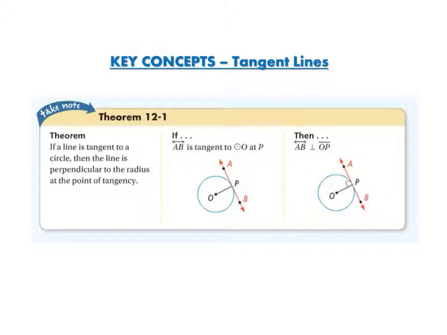So here we have this tangent line AB. We have this circle whose center is O, and the point of tangency is point P. So where the radius and the tangent line meet at point P, it forms a right angle.